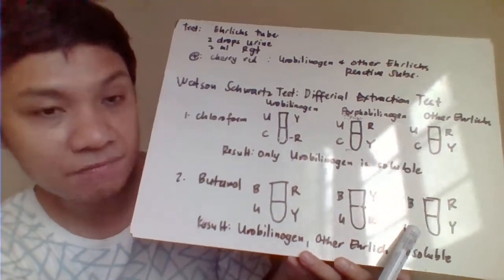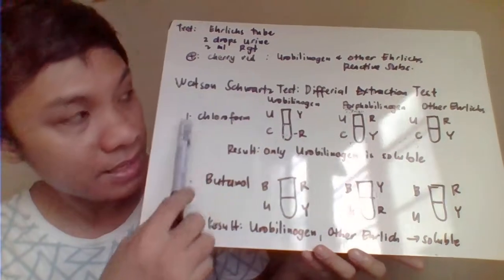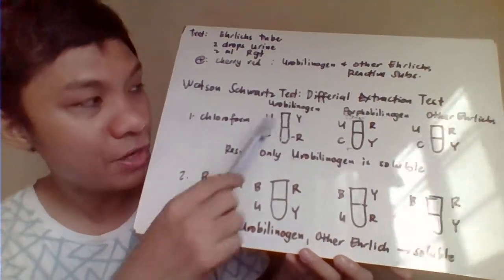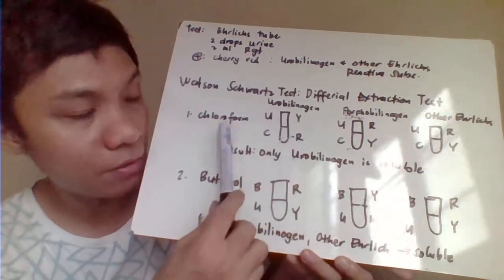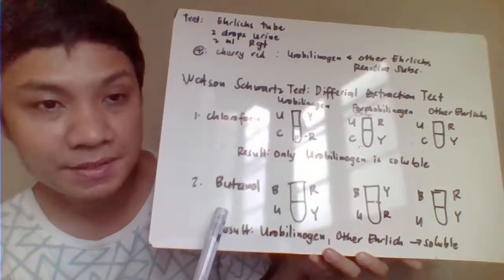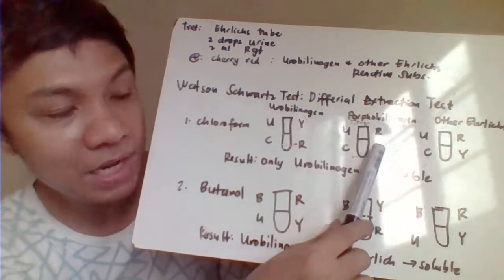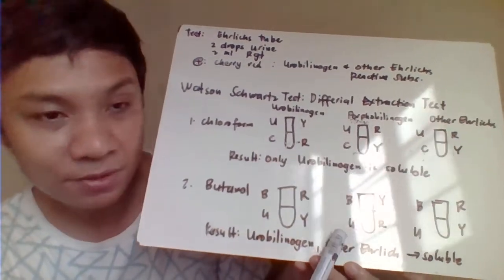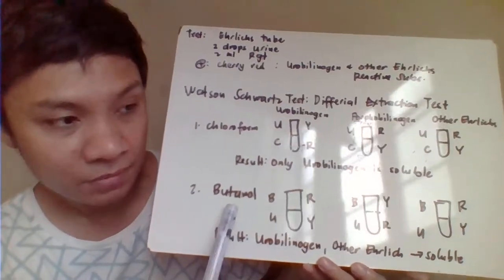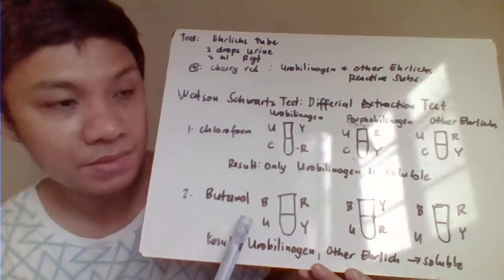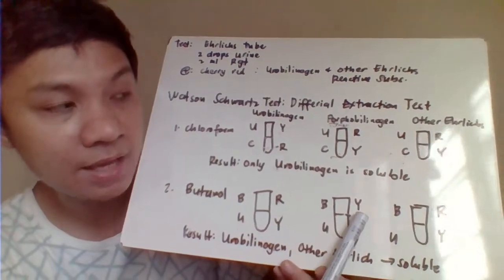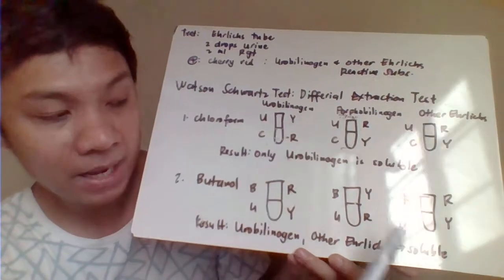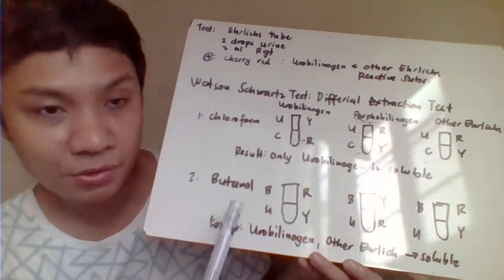As a summary for the Watson-Schwartz test, urobilinogen is soluble in chloroform and also soluble in butanol. Porphobilinogen is not soluble in chloroform and not soluble in butanol. Other Ehrlich's reactive substances other than porphobilinogen are not soluble in chloroform, but soluble in butanol.